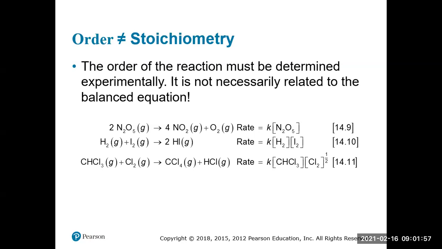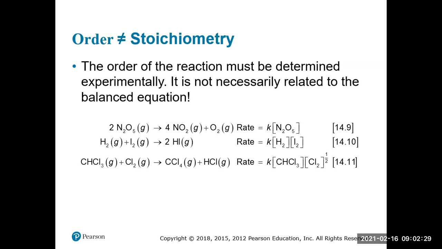Sometimes it does, sometimes it doesn't, but really the only way to figure out the order is by doing the type of experiment I just described. That's by doing that experiment where you keep all reactants except 1 constant, and then varying that concentration and seeing what happens to the rate of the reaction, and then going back and doing that type of thing for all the reactants.